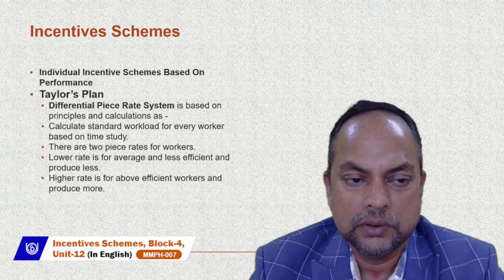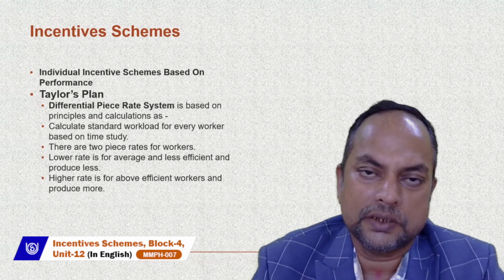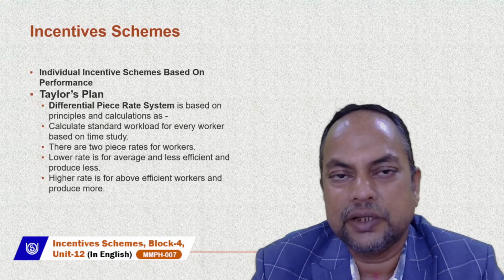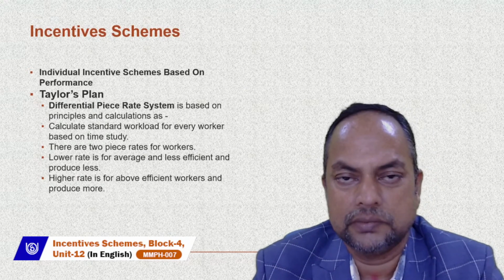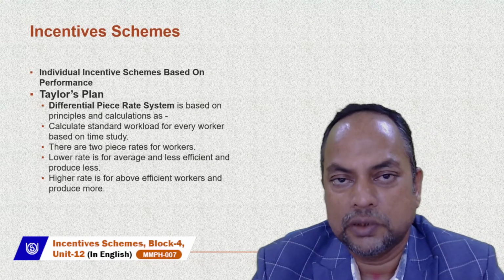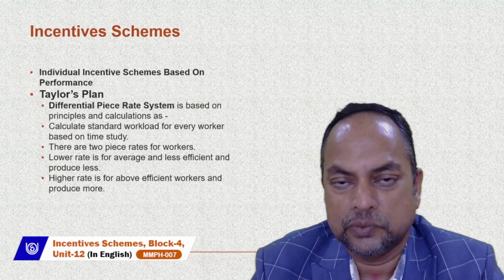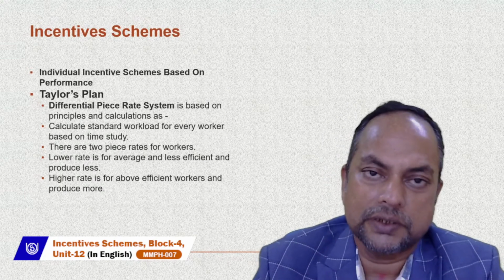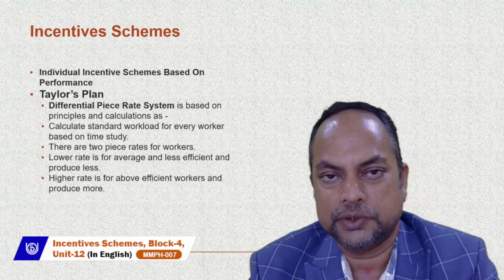Now, there's a lower piece rate for all those workers who are average or less efficient, right? And there's a higher rate of payment for those workers who are above the efficiency level.